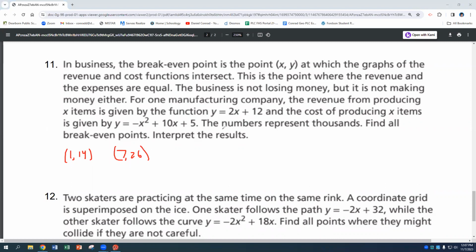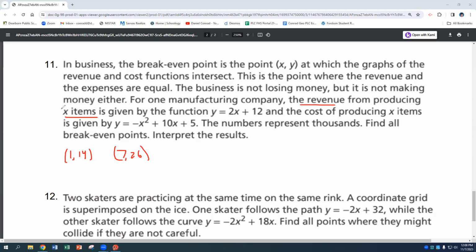Right. So what this means, if we're interpreting the results here, so x items, and y is the revenue. So the functions are the revenue from producing x items, and the cost of producing x items.